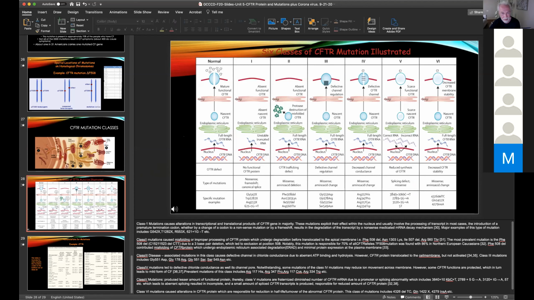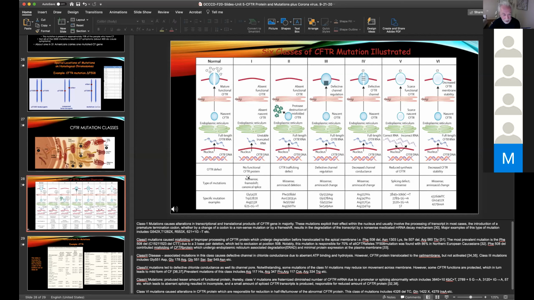And again, this table, your mutation is going to fall somewhere in this table. If you start at the left, a normal protein has no mutations, has no defects. The mRNA is produced, the protein is produced, it's translocated through the cell, ends up in the membrane, and transports chloride ions.